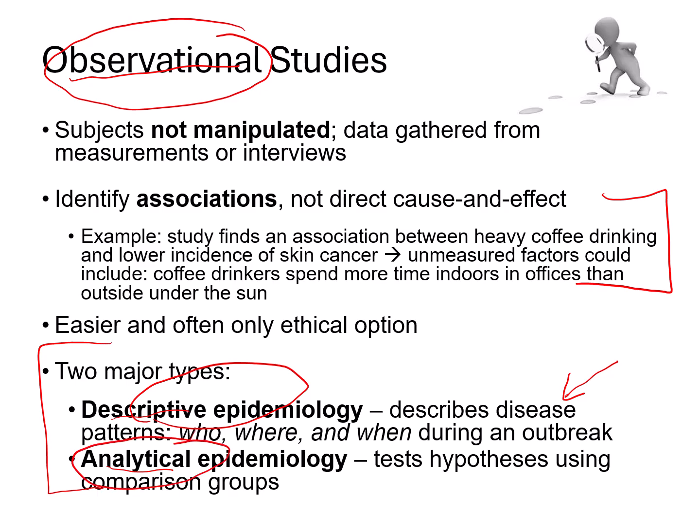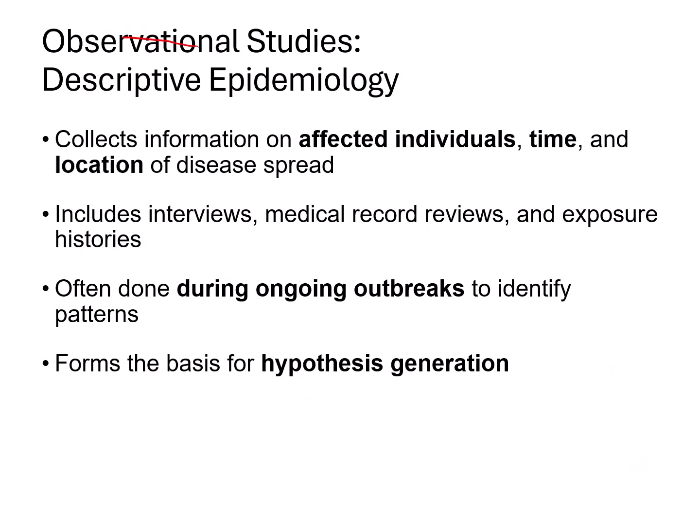In contrast, in analytical epidemiology, the main question we're asking is why? Why is this happening? In analytical epidemiology, we're going to be testing hypotheses to identify the cause or risk factors for disease.